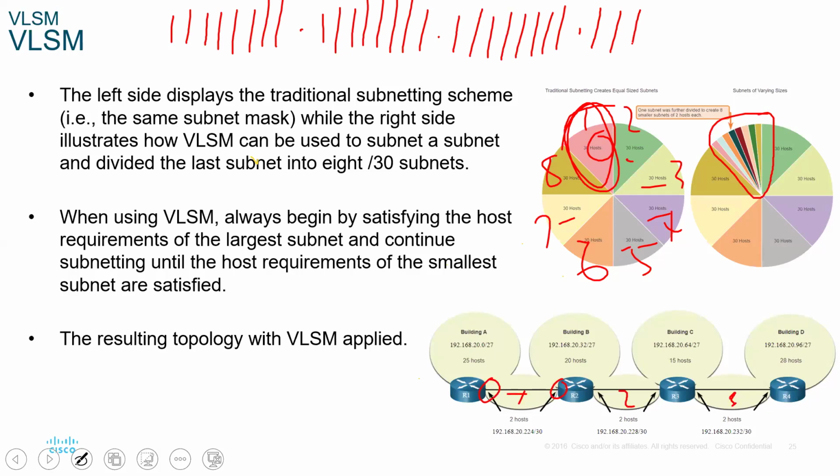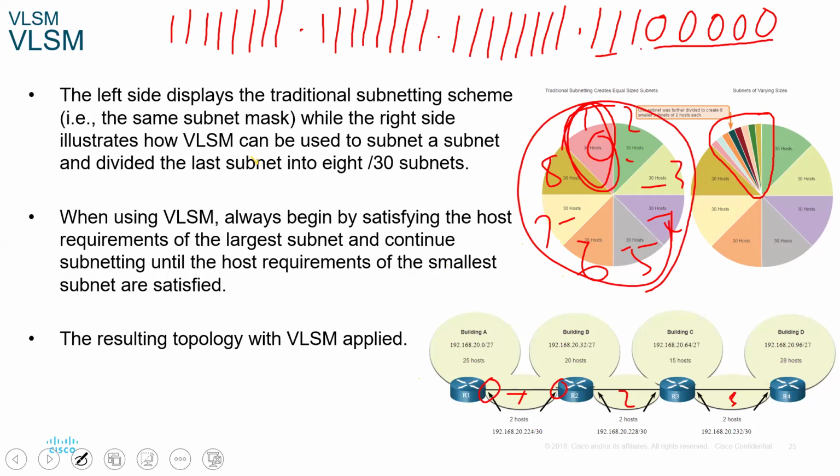Then the remaining are zeros. How many remaining? 28, 29, 30, 31, 32. Now, how did we get this number of subnets? These are the bits that are borrowed, 3 bits. So if I do 2 raised to the power of 3, it will give me 8. That is how we got 8 subnets.